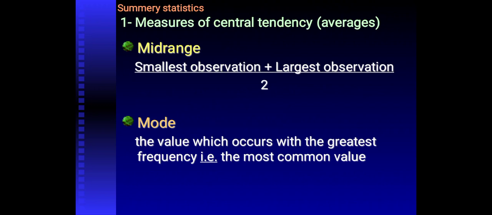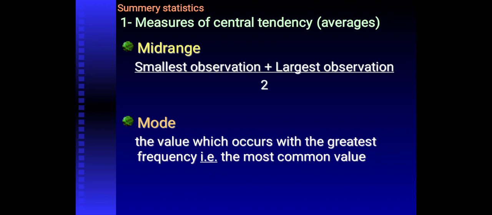Mid-range is calculated by adding the smallest observation plus the largest observation divided by 2. So we add the lower limit and upper limit and divide by 2, and we get the mid-range.